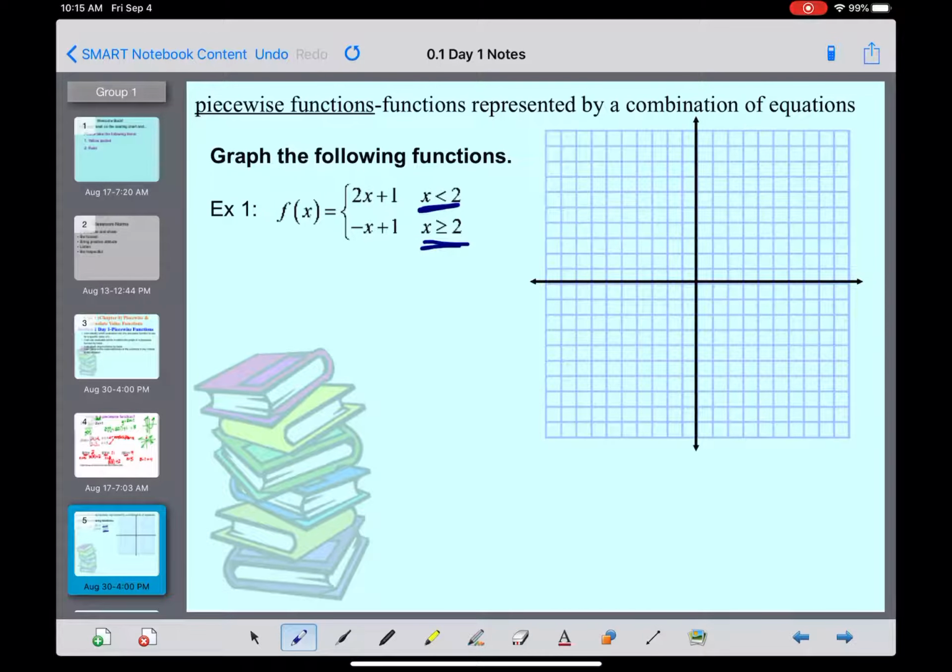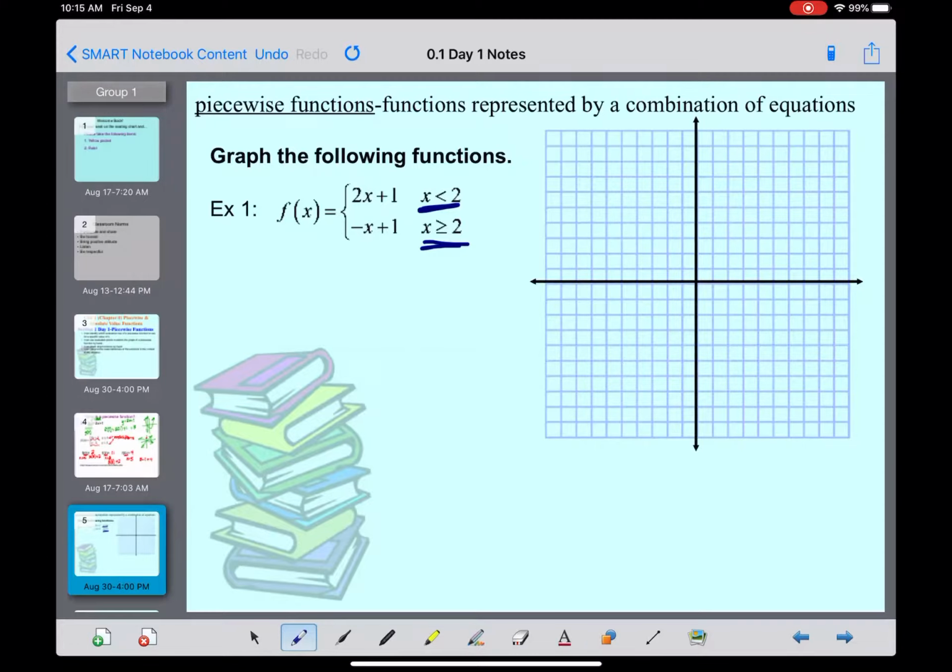What we talked about in that Desmos demonstration was that I can't have a gap. If I'm going to plug in numbers, I plug in 2 into the bottom one, and numbers less than 2 into the top one. If I plug in 1, I'm going to get a gap between 2 and 1.